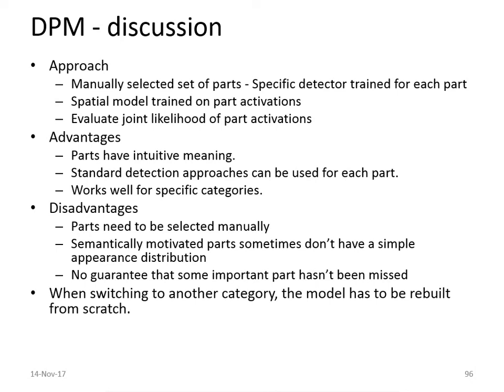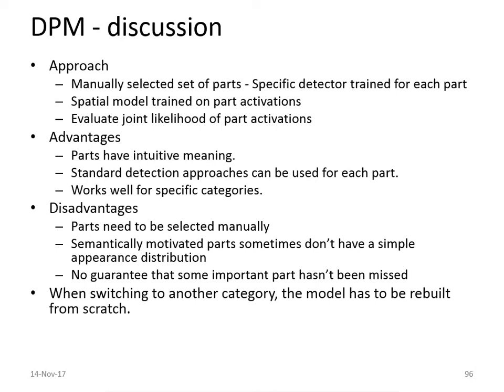It works well with lots of categories, but of course it's kind of tedious, because for every new category you want to detect, you need to design something manually. For example, if you want to detect a person, you expect the head is there, the arm is there, or something like that.